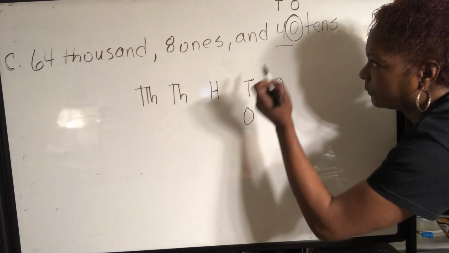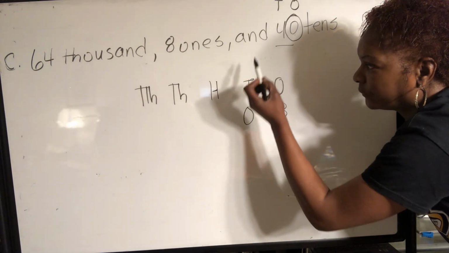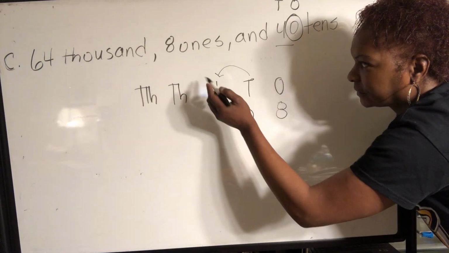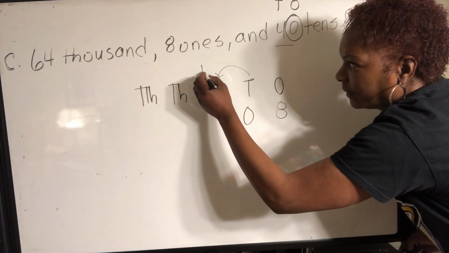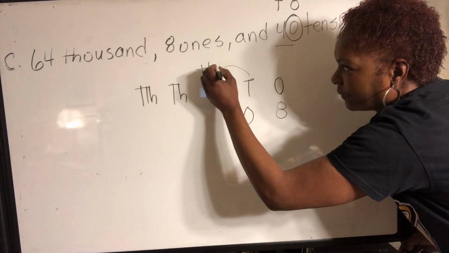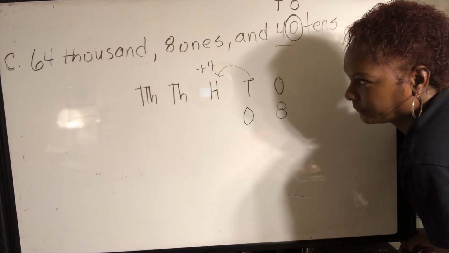All right, so now we take that 4 from the tens and it rolls over into the hundreds. And now we add whatever number, and for this it's a 4. So we add that 4 to our hundreds place value.